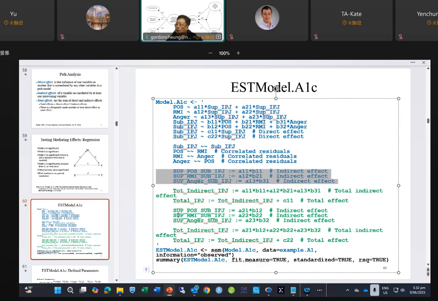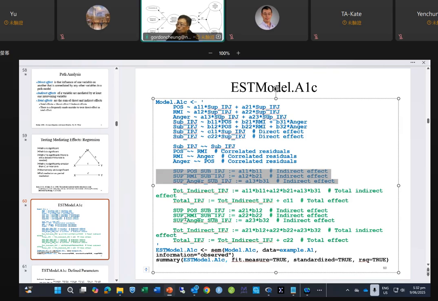Similarly, for informational justice, we have indirect effects A21 times B12, A22 times B22, and A23 times B32. The total indirect effect is the sum of the three product terms, and the total effect is the total indirect effect plus the direct effect.